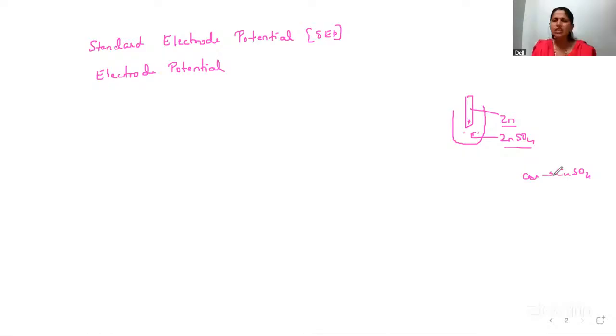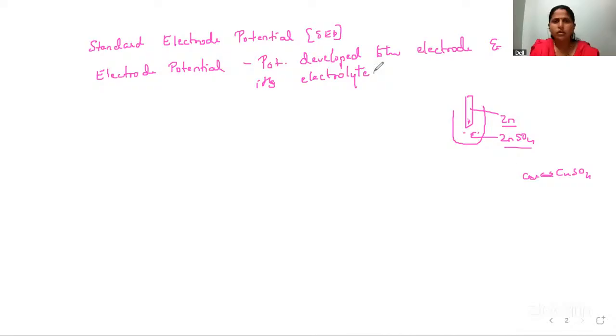It is the potential developed between the electrode and the electrolyte. Potential developed between the electrode and its electrolyte.